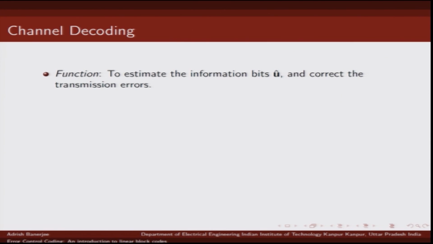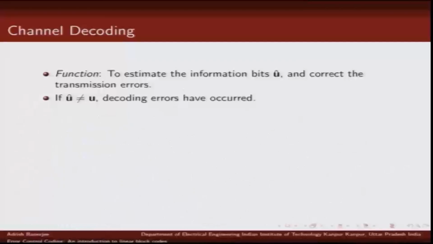As I said, the channel decoder's objective is to estimate what was the transmitted information sequence from the received coded sequence, and its objective is also to correct any errors which were caused by transmission. So, when do we say an error has occurred?